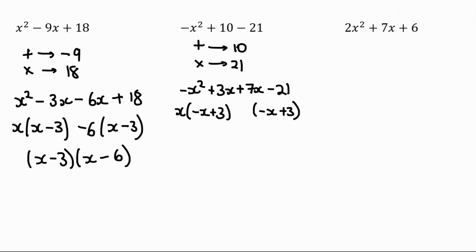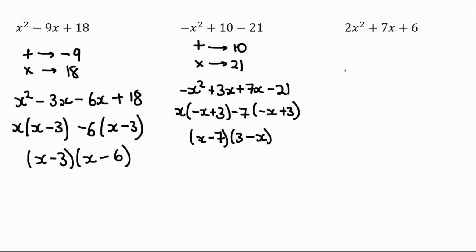And to make positive 7x from -x, we need to multiply by -7. So that works. And -7 times 3 does make -21. So now it's just a case of putting the brackets together. So it's just x minus 7. And we're going to rearrange this to become 3 minus x. Although if you were to leave it like this is still correct.